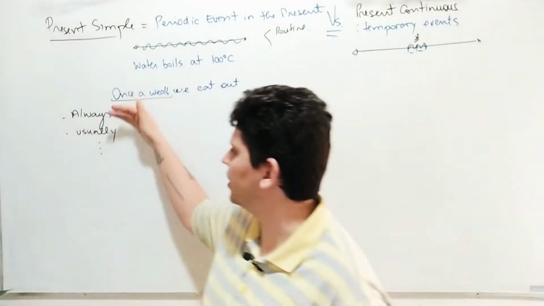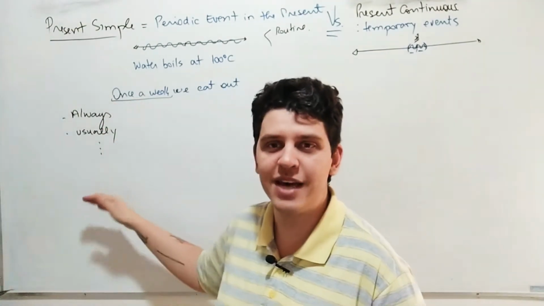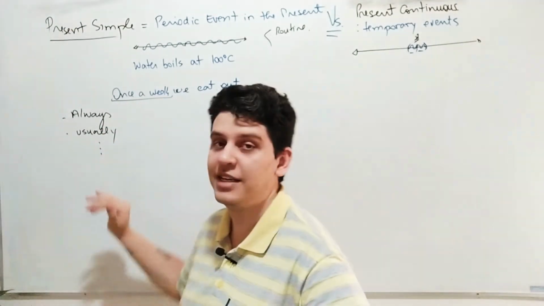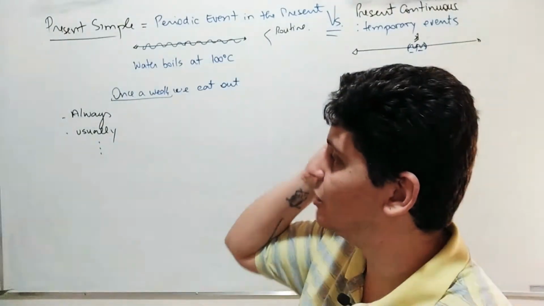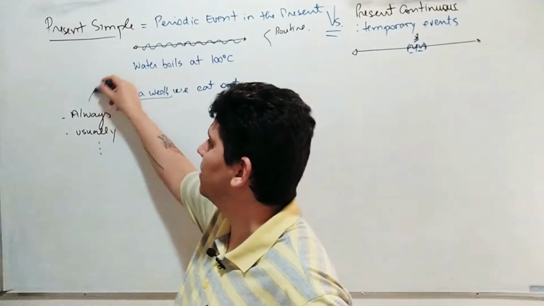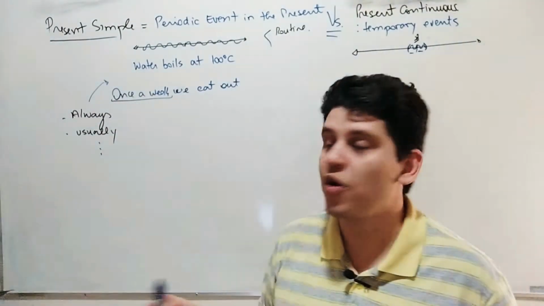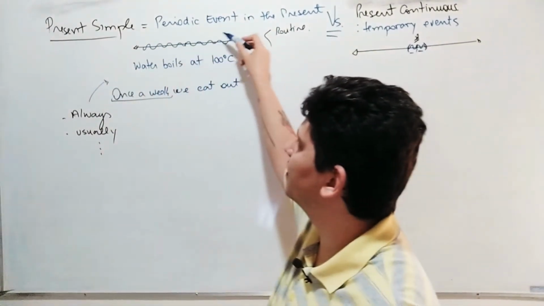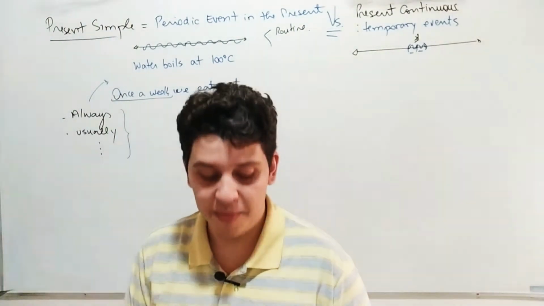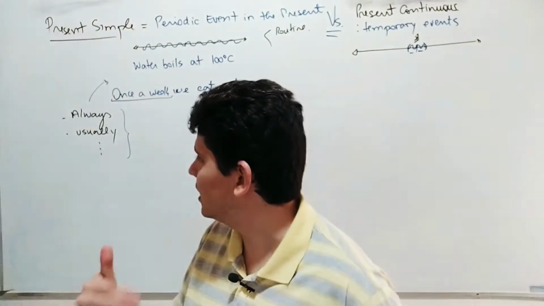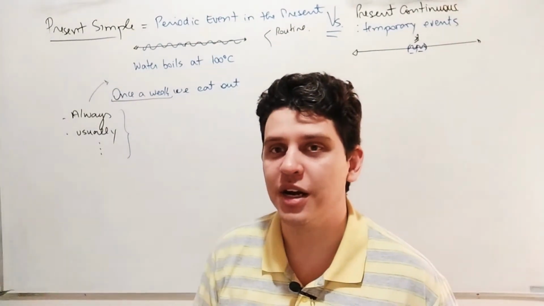But it starts in always, usually, often, sometimes, seldom, rarely, ever, finally, never. Okay, those are the frequency adverbs that we use. And they are quite common here in the present simple, of course, because we are talking about a periodic event, so they describe when and how often these situations occur.